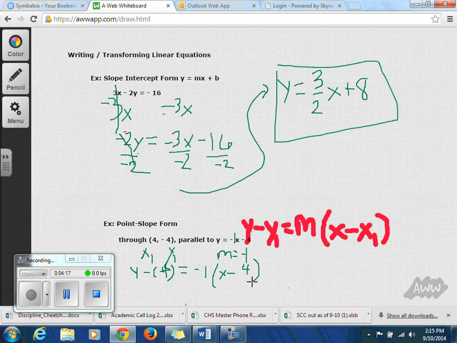We're almost finished. We just need to simplify a few things. Actually, just one thing. A negative times a negative is a positive. So instead of this, I should write y plus 4. And there's nothing else to reduce. The remainder of the equation is in the correct form. So here is our final answer for writing something in point-slope form. Y plus 4 equals negative 1, parentheses, x minus 4.